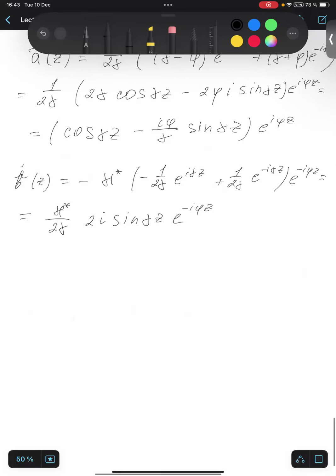Now let's just calculate the absolute values. That's quite easy.